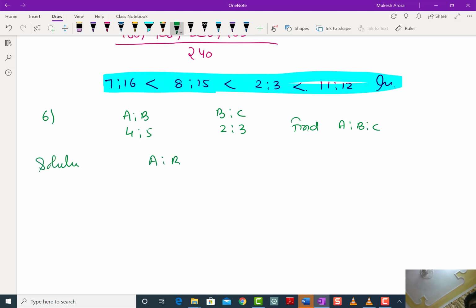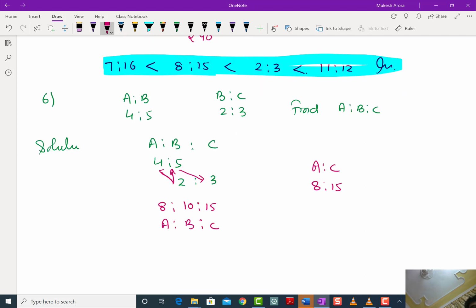A ratio B is 4 ratio 5 and B ratio C we'll write like this. Now we'll multiply this by this and this by this. So we multiply, it will be 8 ratio 10 ratio 15. So this is A ratio B ratio C. If we want to know A ratio C, it will be 8 ratio 15.